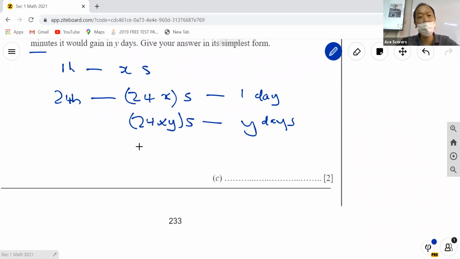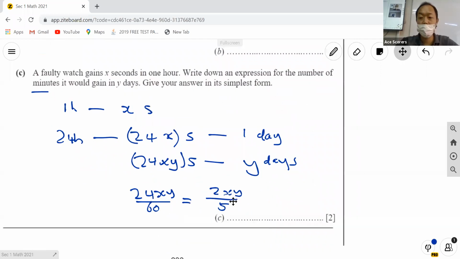So we take 24xy, and the answer is just 24xy divided by 60. And you can simplify this. Divide by 12, you get 2xy over 5. So that's the final answer for this one. Okay, moving on.